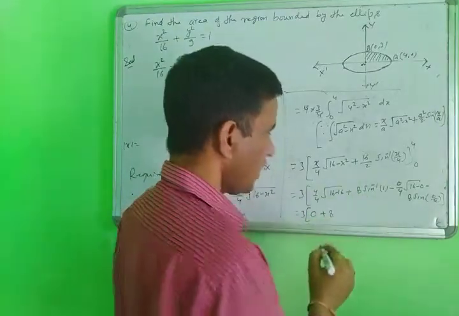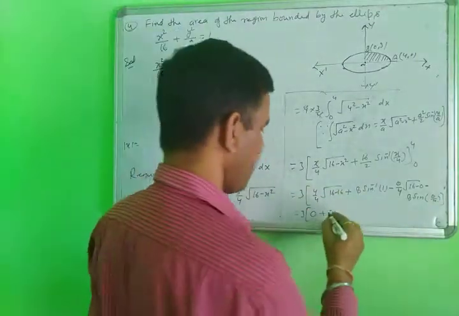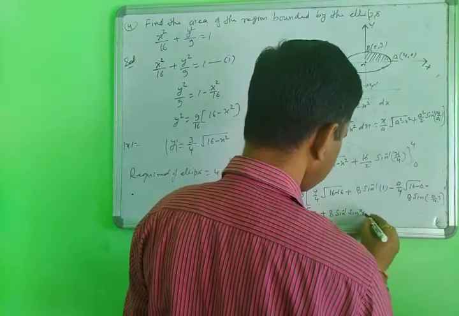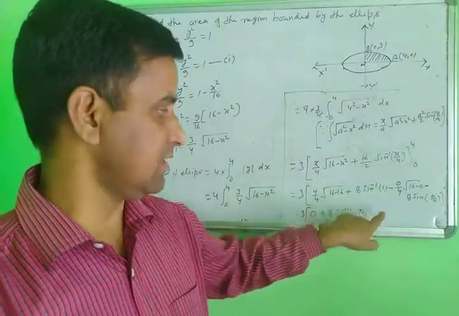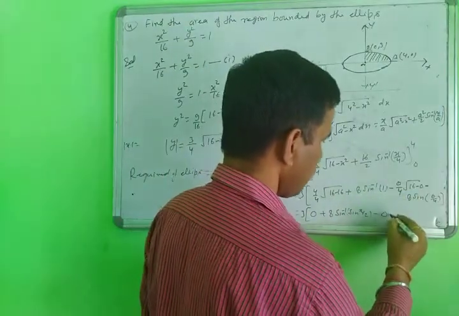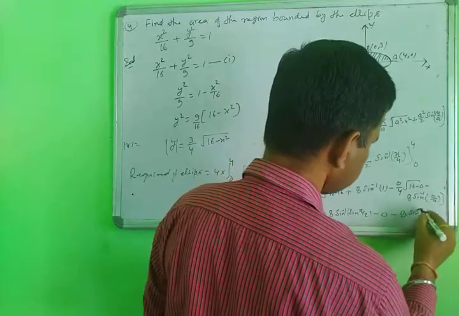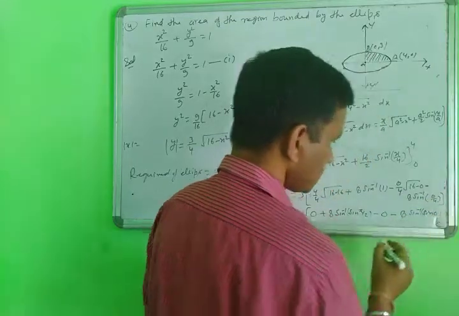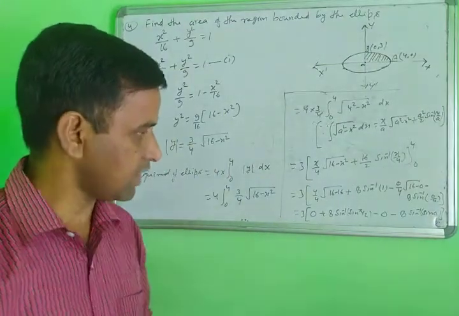Plus 8 sin inverse 1; the value for which sin is 1 is sin 90, which is sin pi by 2. And 0 upon 4 gives 0, so minus 8 sin inverse 0, and sin 0 is 0. Note this down, then calculate it.